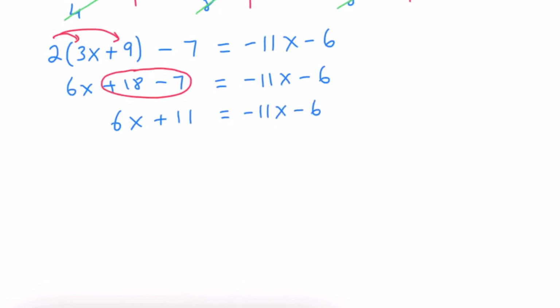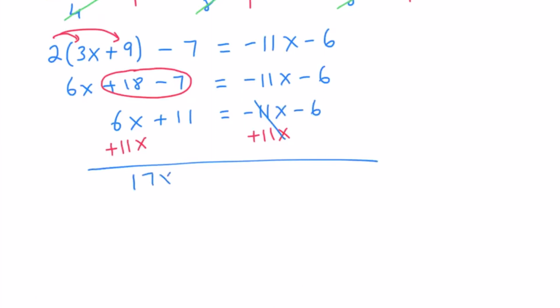So let's move 11x over. This is negative 11x, so let's add 11x over. 6x plus 11x, so we have 17x + 11 is equal to -6.